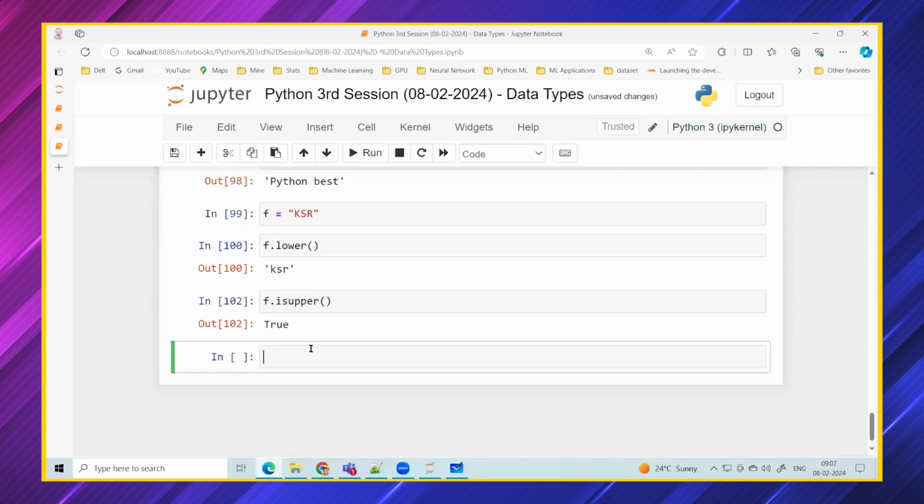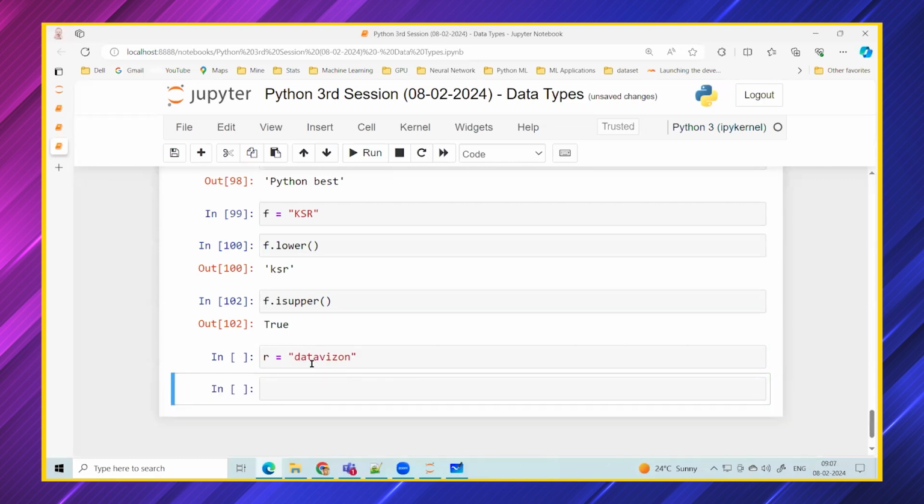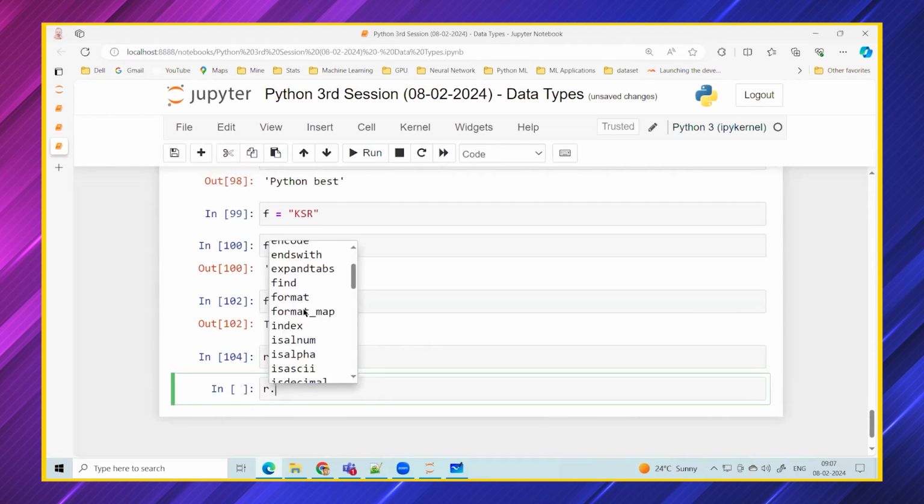Now let's take one more example. R equal to data vision. Now if I write R dot isdigit, is it a digit?